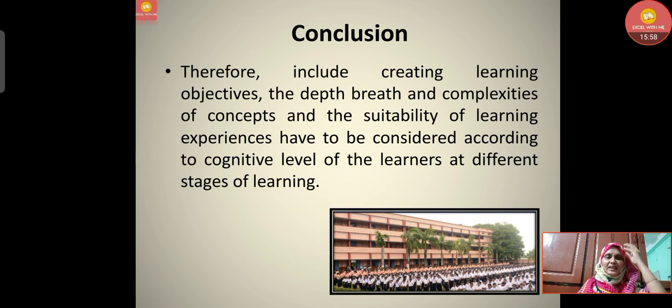So the thinking level of the students should be kept in mind while opting for the different themes at different stages. So learning objectives are different in each stage related to the themes and topics to be taught to the students. Maybe different curriculum for the different stages. So the learning objectives will be different for the different stages.